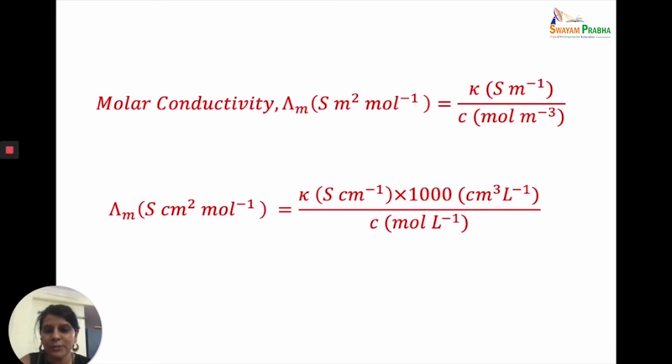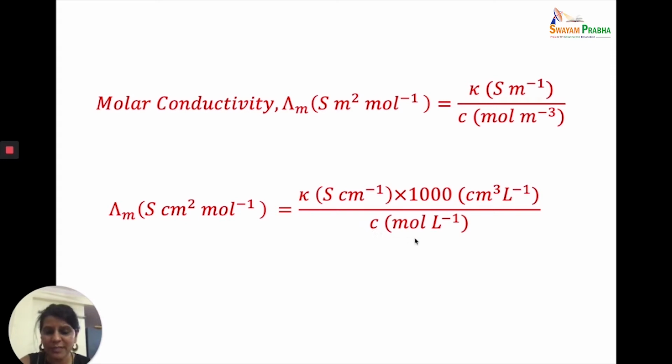But the normally used unit of concentration is not mole per meter cube, it is moles per liter or moles per decimeter cube. And the normally used unit of kappa is not Siemens meter inverse but Siemens centimeter inverse. So if we take kappa in Siemens centimeter inverse and concentration in moles per liter, I would have to convert either of these two into the other's units. It's easier to convert concentration from moles per liter into moles per centimeter cube. For that we divide by 1000.